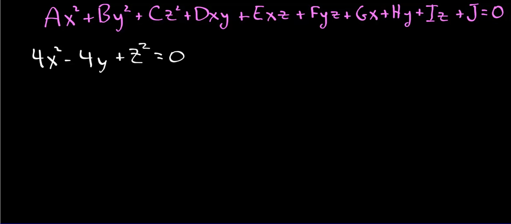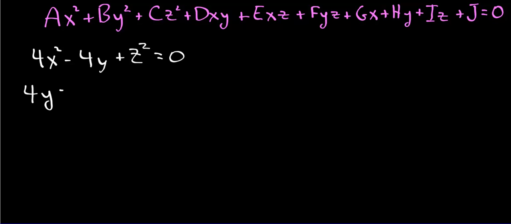We want to get an idea about what this might look like. Well, I notice, first of all, I've got an x squared and a z squared that are both positive, and then I've got this negative y. So here's what I might want to do. I might want to see if I can put it in the form that we worked with previously.